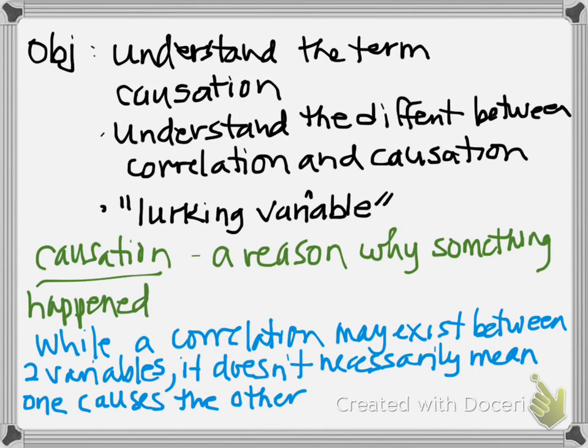So if you think back to that graph we had done for number 6 on the independent practice, where it was height and weight. Who did they have height and weight of? Football players on a college football team. Your height doesn't cause your weight, right? You had some small guys that weighed a little bit. You had some taller guys that weighed a little bit.